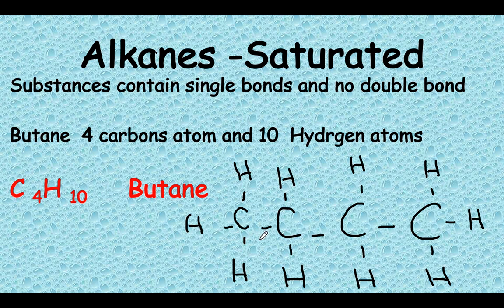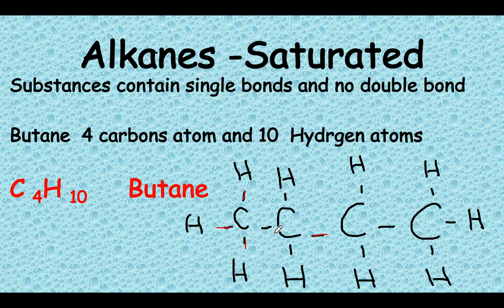If we have 4 carbon atoms, 1, 2, 3, 4, it means butane according to the family alkanes. Also, they are saturated compounds. There is no double bond between carbon and carbon, single bonds only. Each carbon atom will be surrounded with 4 bonds.